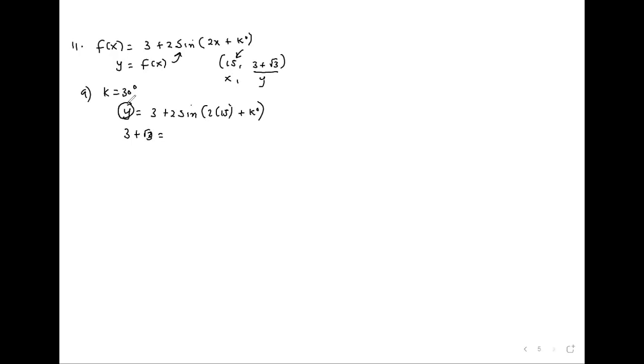So where there is y, we'll put 3 plus root 3. This must give us 3 plus 2 sine 2 times 15, which is 30, plus k. So if you take this to the other side, to give us 0, we'll get 2 sine of 30 plus k degrees is actually equal to root 3.